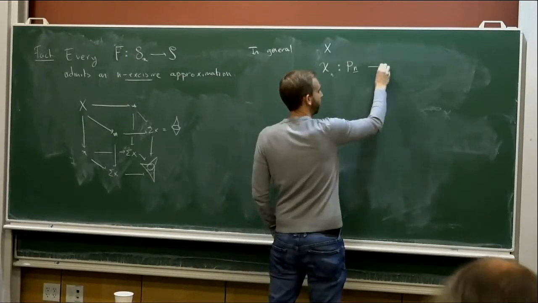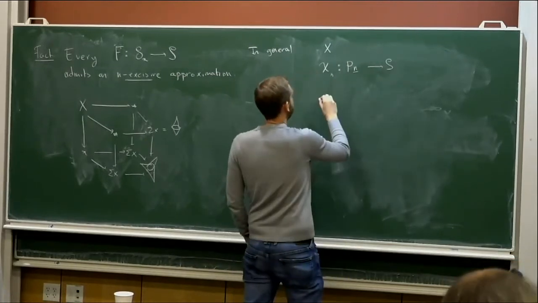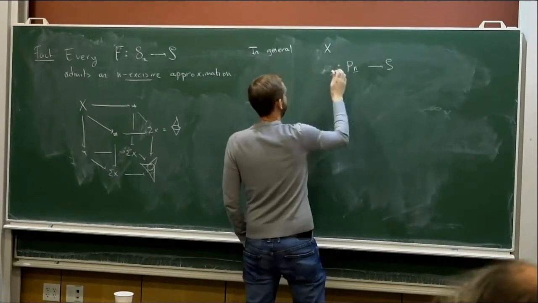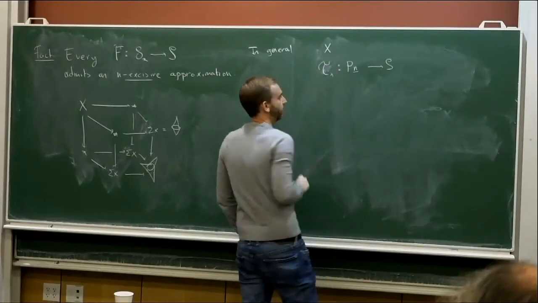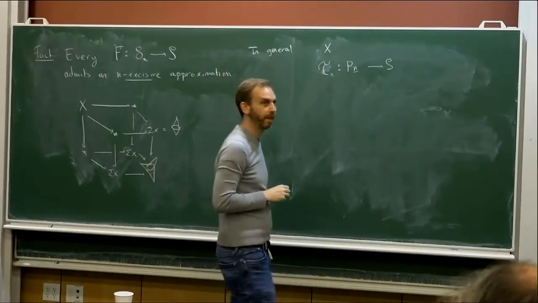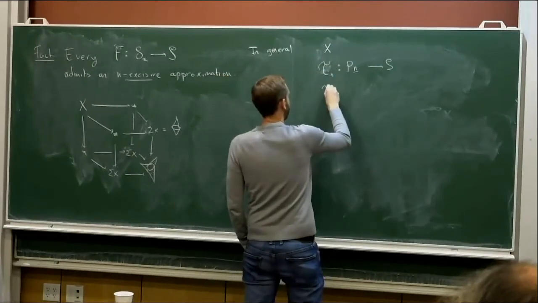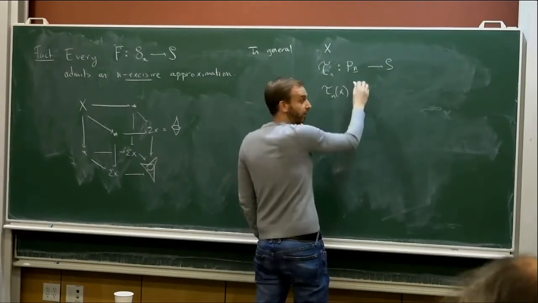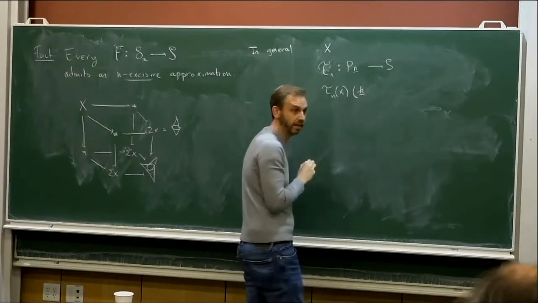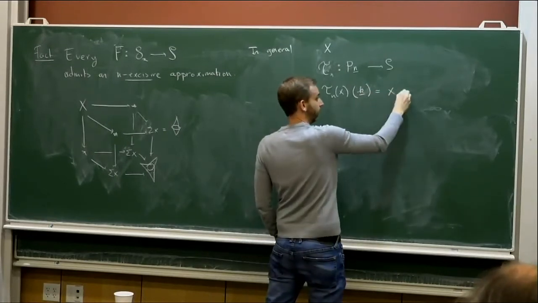Well, I'll just define it this way. And I shouldn't call it f. Let me call it, I don't quite want to call it t, let me call it tau. So you fix an x, and what is tau n of x at a particular k, which is a subset of n? It's just x join k.